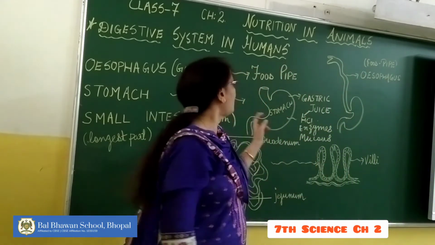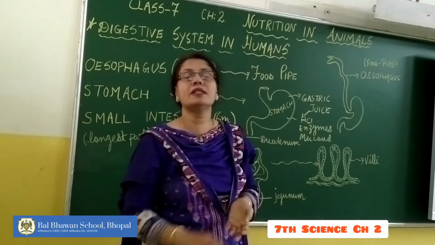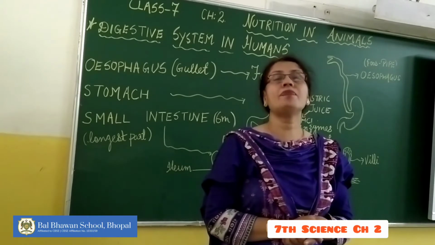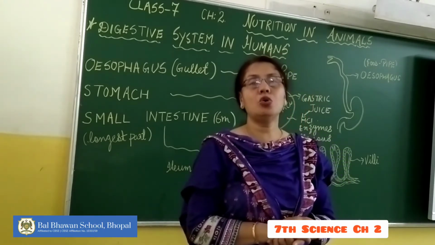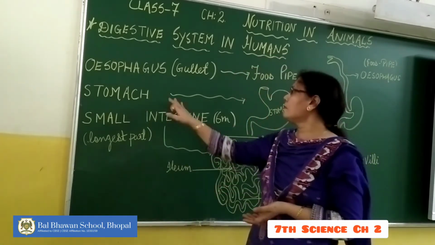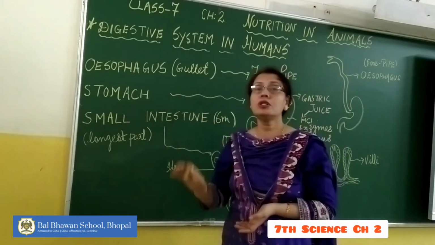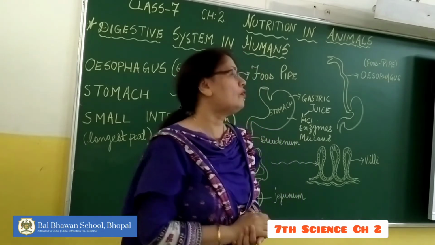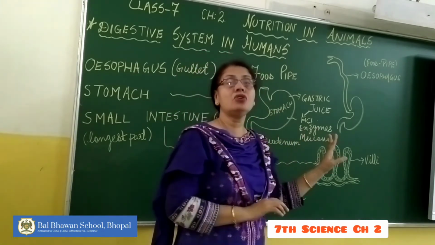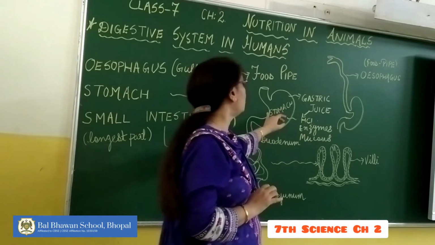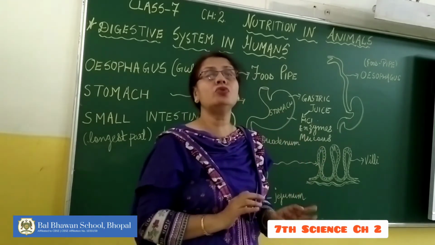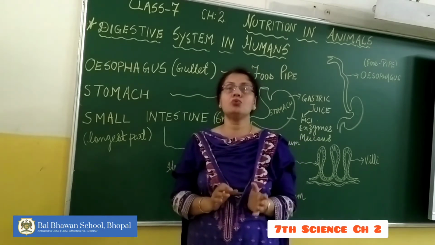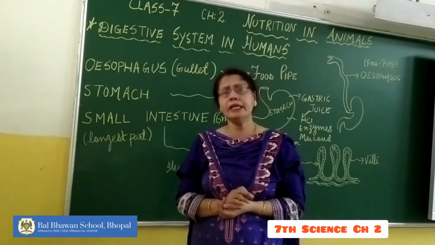Coming to the second part, stomach. Stomach is basically a muscular bag-like structure which is present in the lower abdomen. And the stomach has an important role in the process of digestion. First of all, because of the continuous movement of the walls of the stomach, the food is being churned and ground so that it changes into a paste-like material.